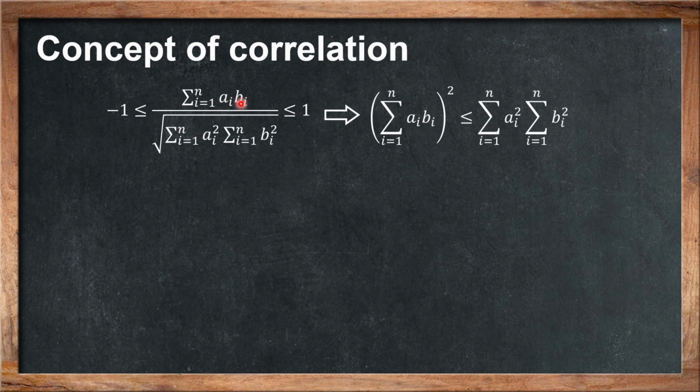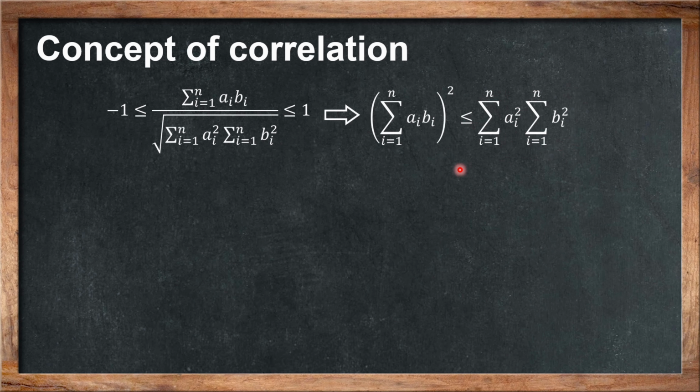If we square this inequality, we will get an equivalent representation. So this inequality means that this one also holds. If we just square it up, we would have the sum of the products of a sub i and b sub i, squared, is less or equal to the sum of a squared sub i times the sum of b squared sub i.